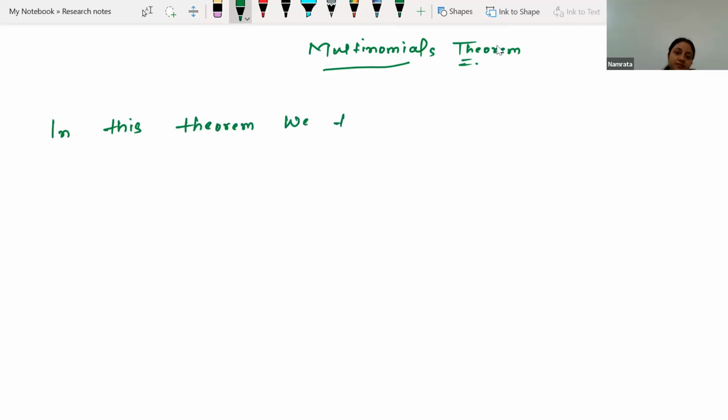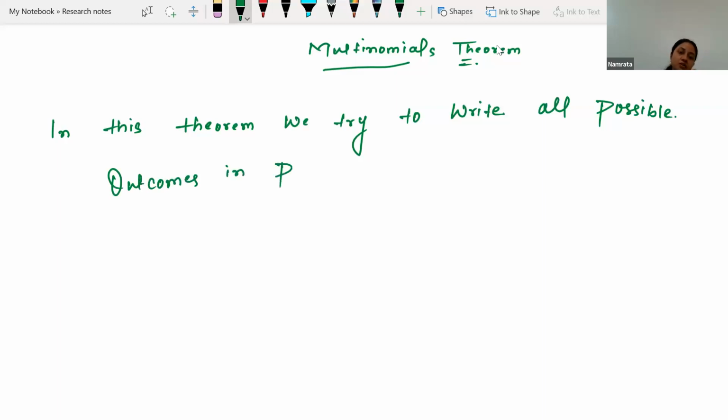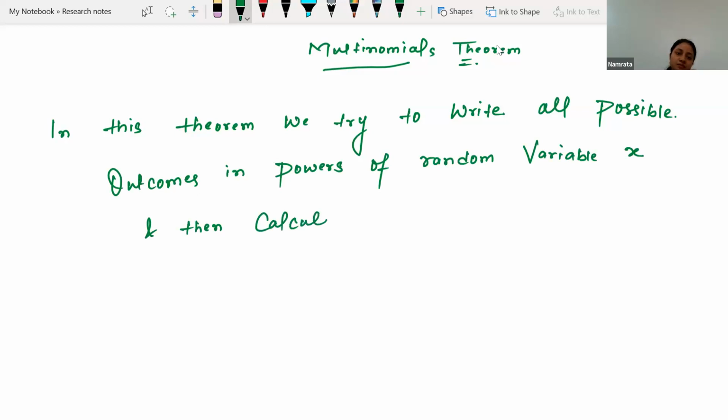we try to write all possible outcomes in powers of random variable x, and then calculate the coefficient of required power.